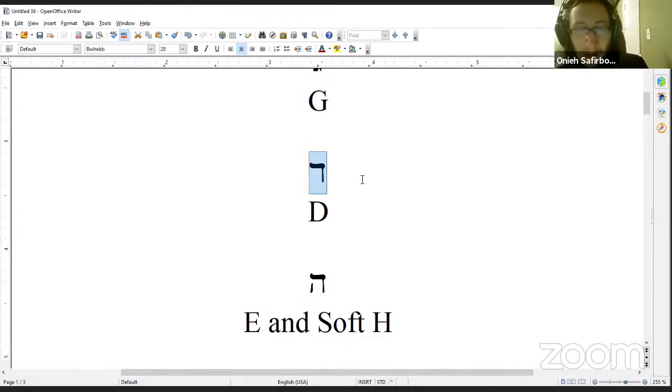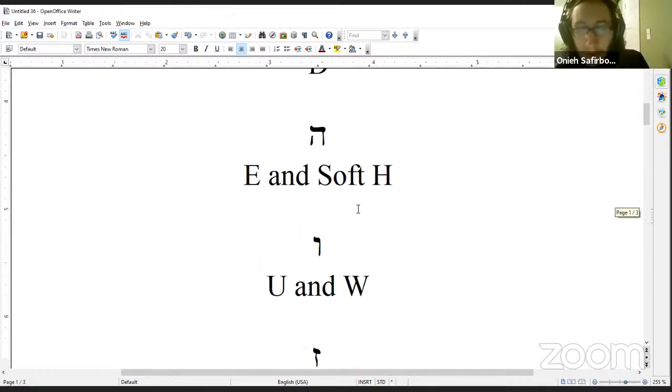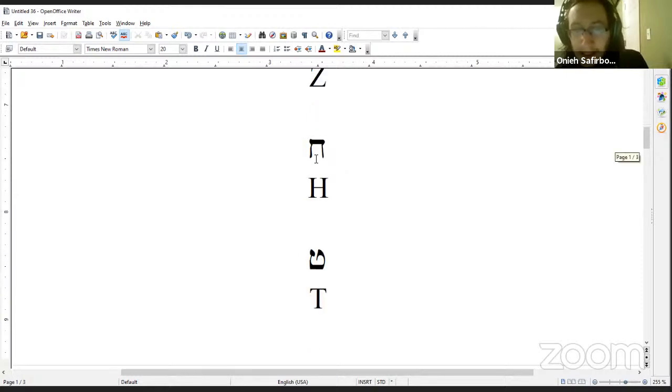And then the next letter, Dalet, corresponds to the English letter D, as in dog, duck, dumb. It's all that d sound. Zayin, for Zion, it's the same as zebra and zoo. It's that Z sound. Like I said earlier, Het, it's just the regular H sound, like house and hope and human and harmony.